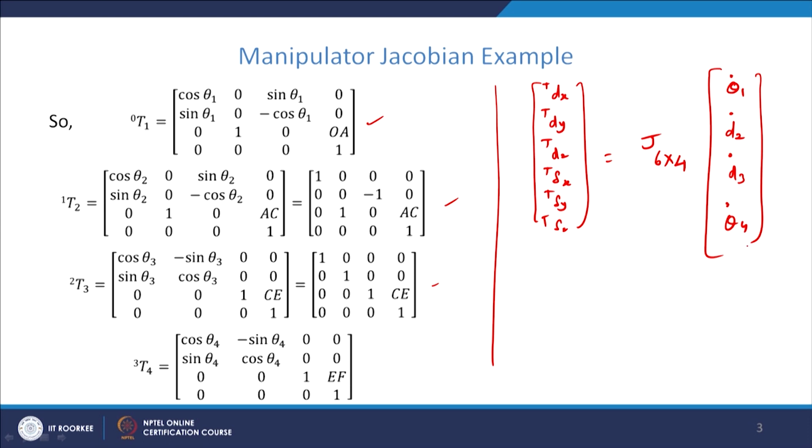If a joint is a revolute joint, qi is equal to theta i, and if the joint is prismatic, we denote it by di. So, the joint velocity at each joint is given by the derivative of these variables. Theta i dot represents the angular velocity at joint i if it is a revolute joint, and di dot denotes the linear velocity if it is a prismatic joint.